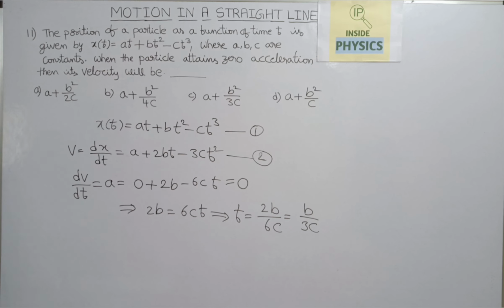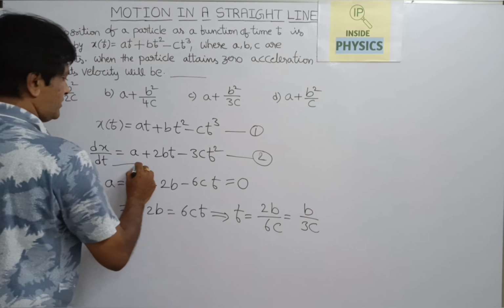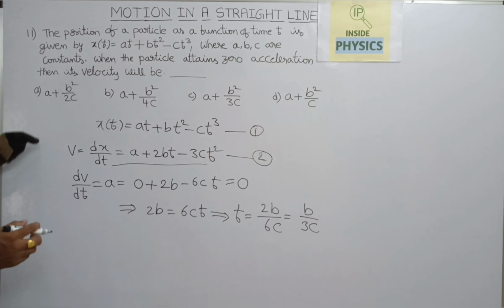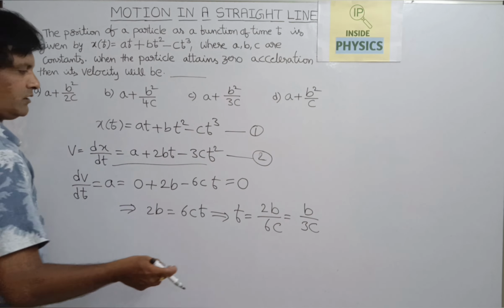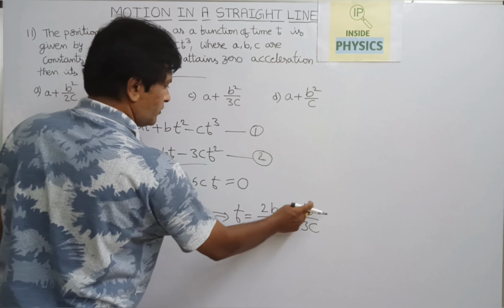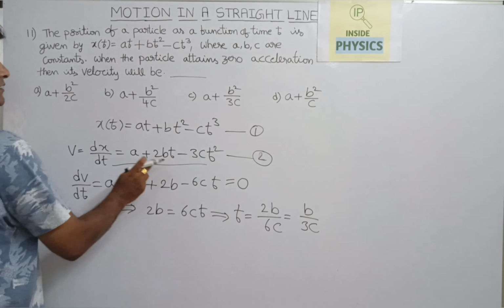So we have the time at which the acceleration is 0. This time is substituted in the velocity equation, and then you will get the velocity when the particle has 0 acceleration. So substitute t equal to b by 3c in this equation.